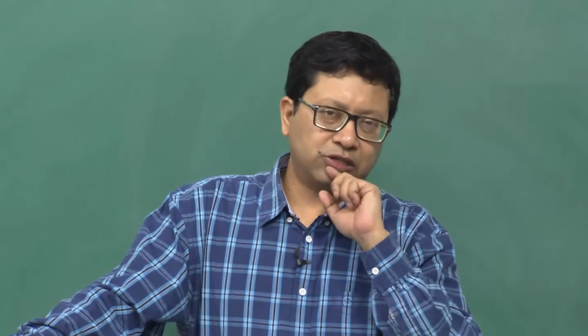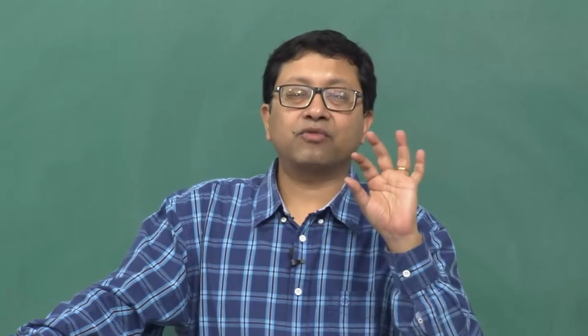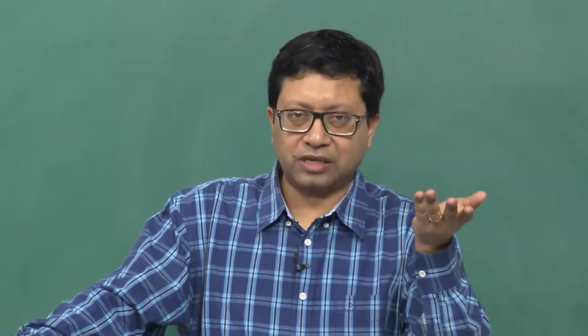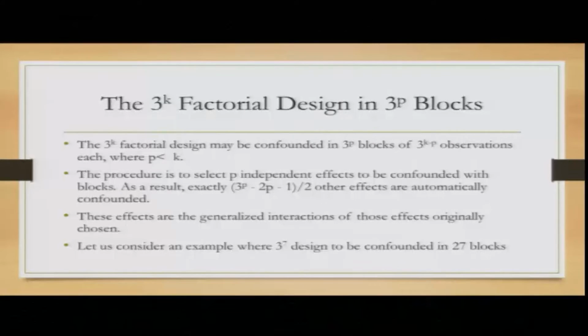So, those things should be remembered. 9 was a number specific to the example, but obviously we will design it such that equal numbers are there. The 3^k factorial design may be confounded in 3^p blocks of 3^(k-p) observations each, where p is less than k.